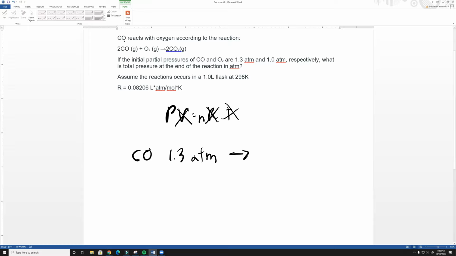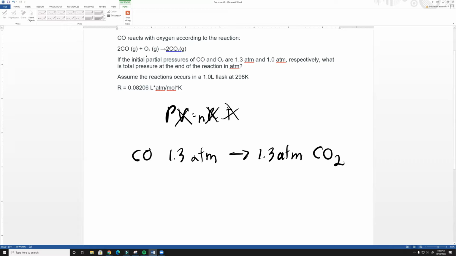Since we know that 2 ATM of CO makes 2 ATM of CO2, it's a 1-to-1 ratio. So this 1.3 ATM of CO is going to correspond to 1.3 ATM of CO2.